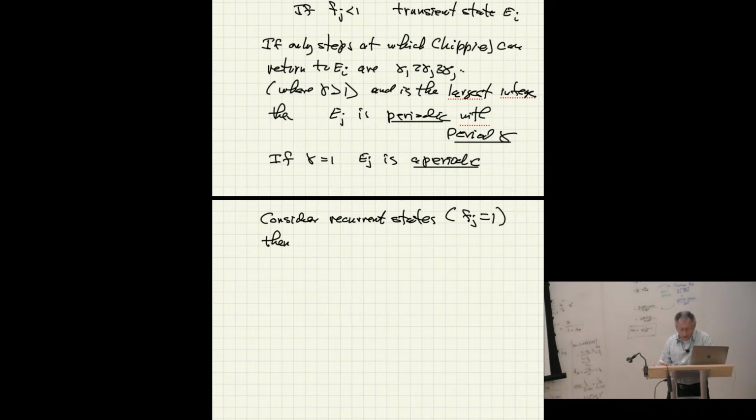Then the mean recurrence time, on average how long it'll take to come back, and I'm defining that quantity now in words and then in symbols, of E_j, of course, is defined as capital M sub j.